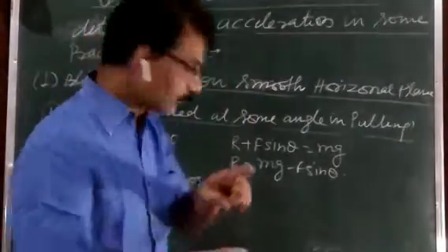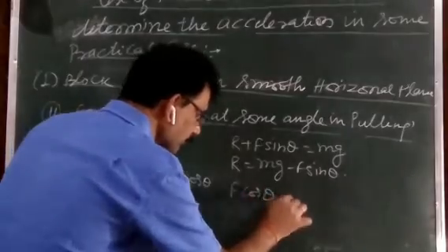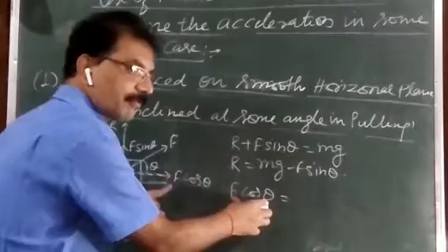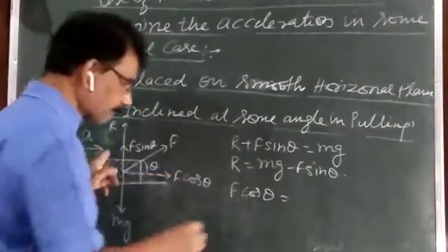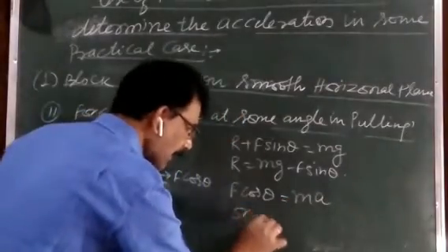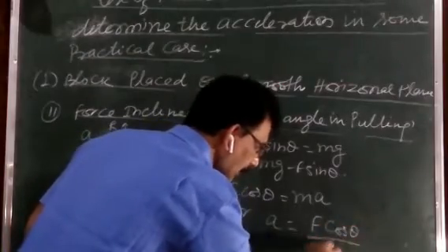F cos theta. This is the net force responsible for the motion of the block with acceleration a. So F cos theta is equal to mass into acceleration, or you can say a is equal to F cos theta divided by m.